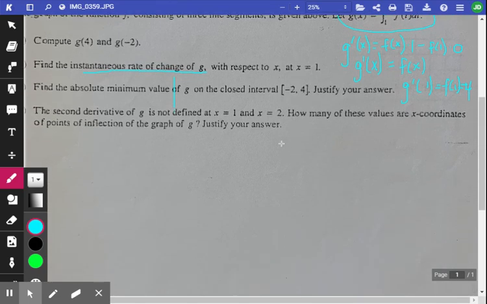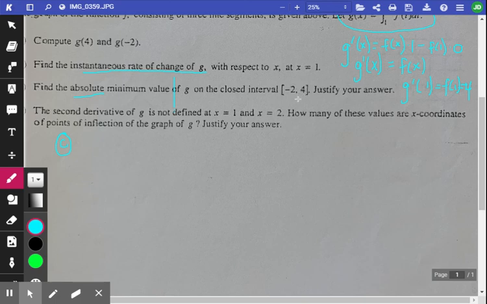Now I'm going to go down here. Find the absolute minimum value of g on the closed interval negative 2 to 4 and justify your answer. Okay, I'm going to do part C over here. So if they want me to find the absolute min, I need to figure out where my critical values are, and I need to test the critical values and the endpoints.